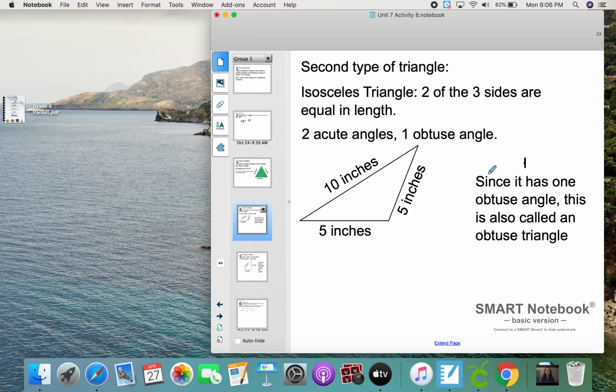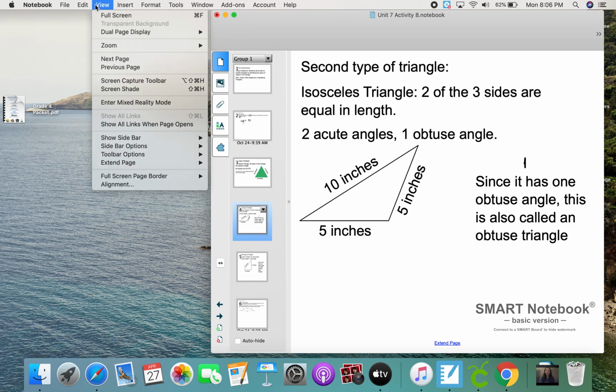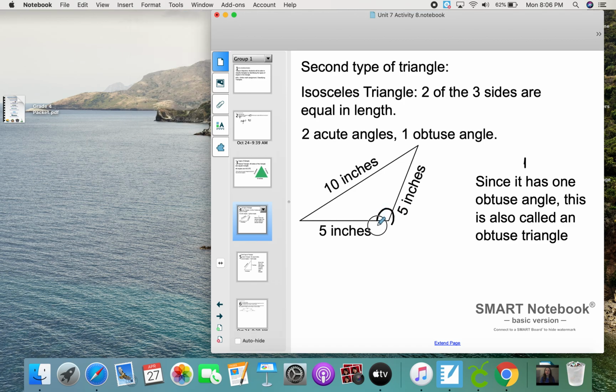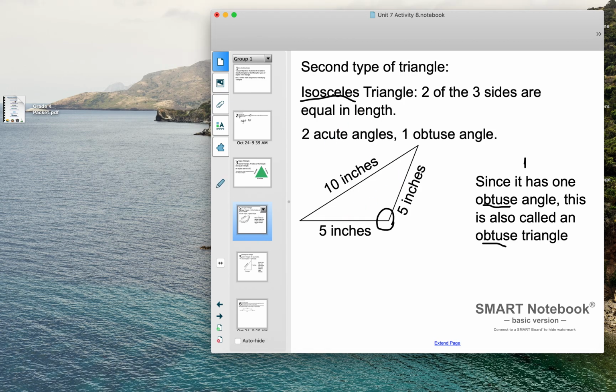Well, you can see it on the screen now. Since it has 1 obtuse angle, this is also called an obtuse triangle. So if you look at a triangle and it has 1 obtuse angle, which we see here, you can call it an obtuse triangle, or you can call it an isosceles triangle if it has 2 sides equal and the third side is not the same.